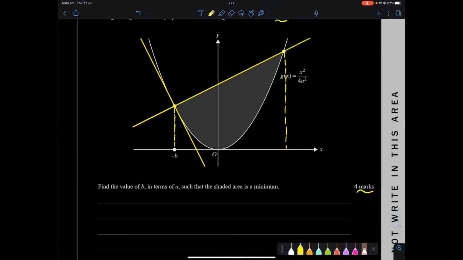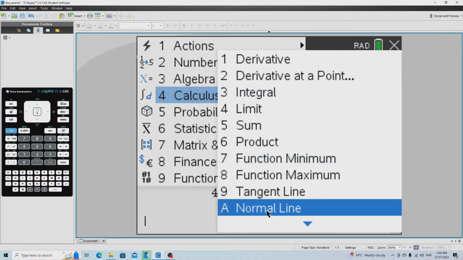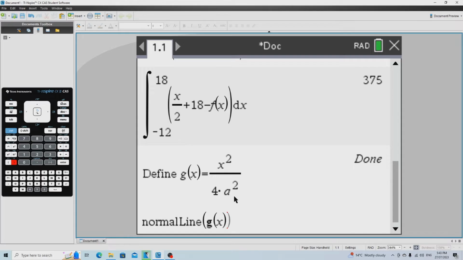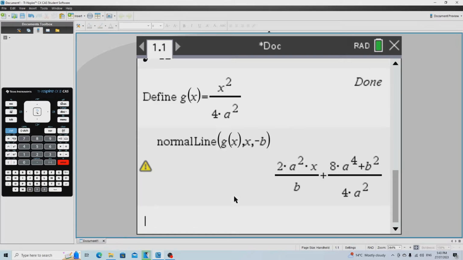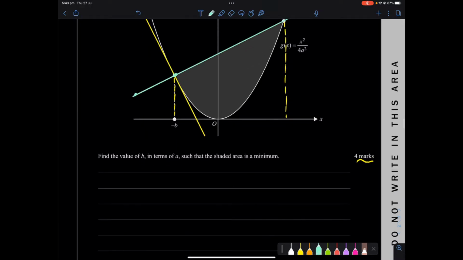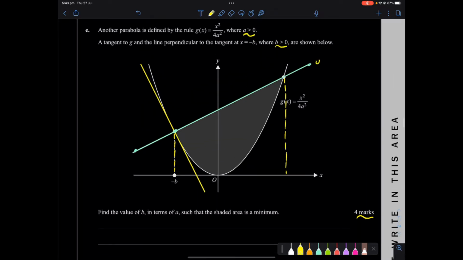And what we want to do is calculate the normal line, the equation of this normal line over here. Well, we know it's at x equals minus b, so we're just going to use menu, calculus, normal line of g of x, comma x at negative b. That gives us this big equation. Let's call it y1.